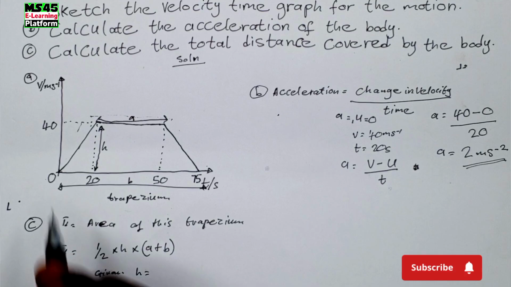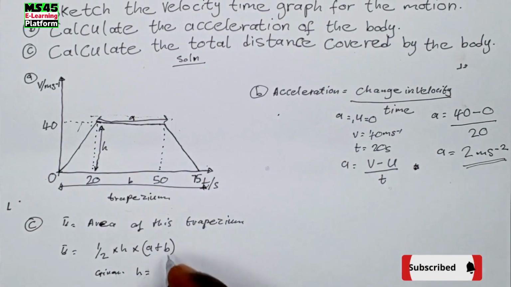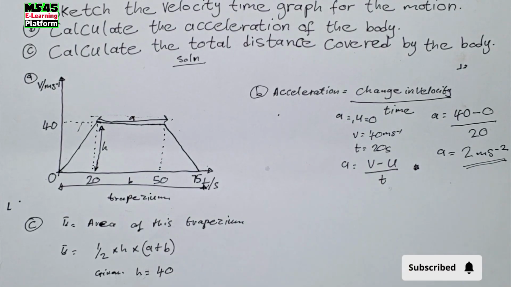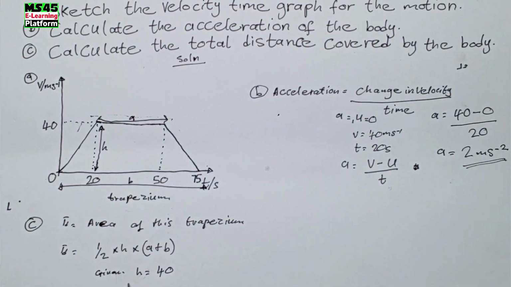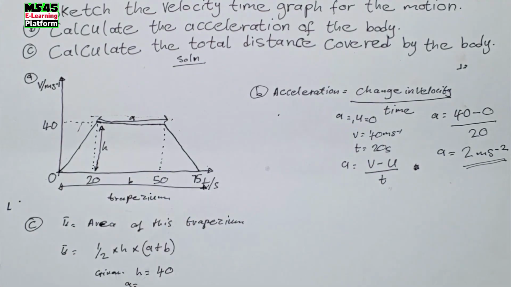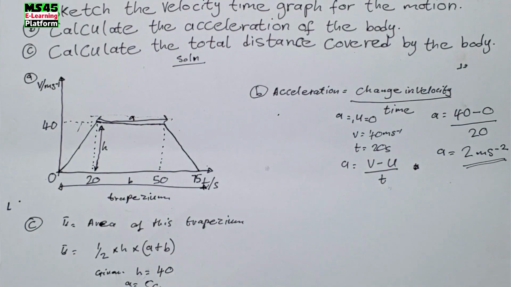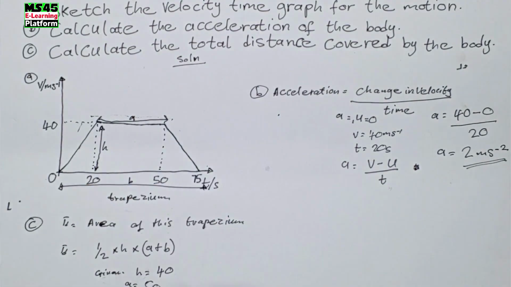Given our h here, the length here will be equal to 40. The length a will be equal to 50 minus 20, for us to get a. So 50 minus 20 will give us 30.